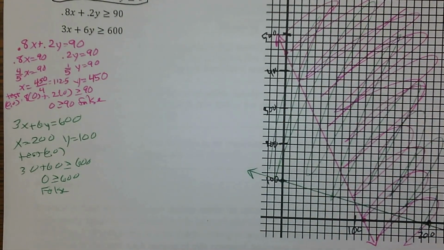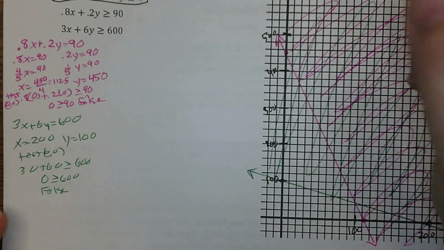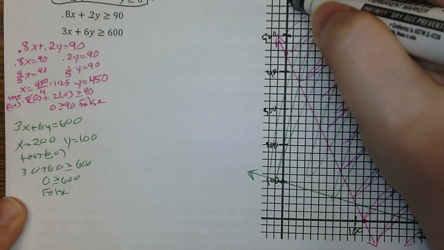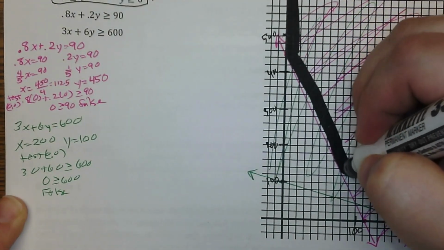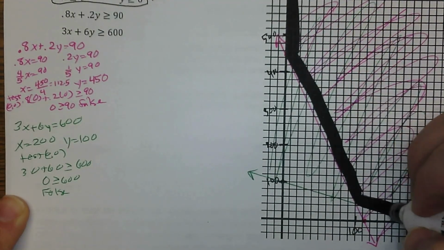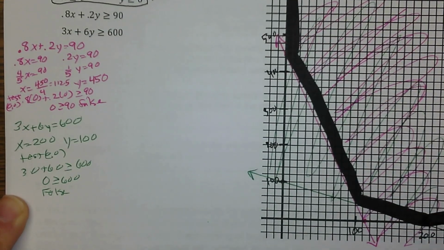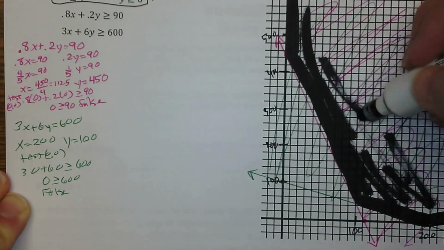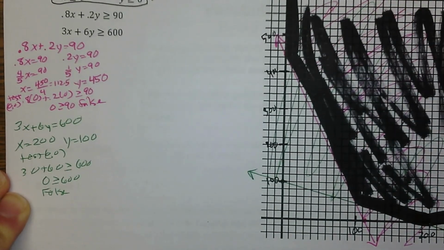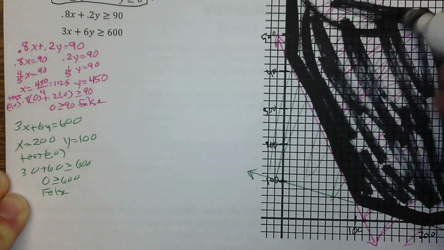But we are shading away from 0, 0 there. Now, knowing that we are in quadrant 1, we have a region that overlaps that goes down here to the pink, goes along the pink, along the green, and then along the x-axis. And we're looking at this region here as our final answer.